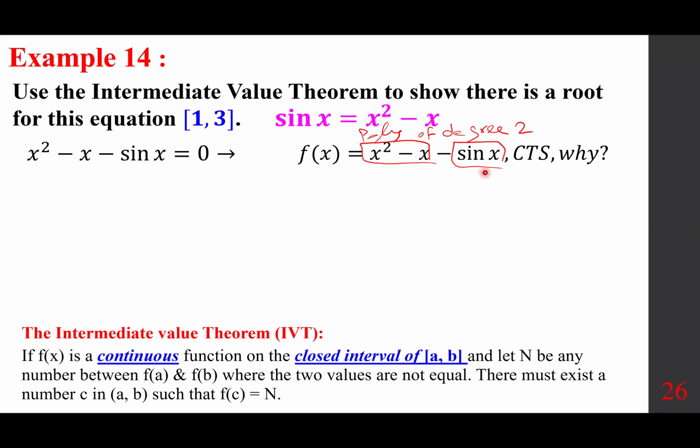It's a sum of two. The difference is also, remember, when you subtract, it is a form of addition. So it's a sum of polynomial functions and sinusoidal functions. So it's continuous from negative to positive infinity. So it is continuous. So the first thing works.